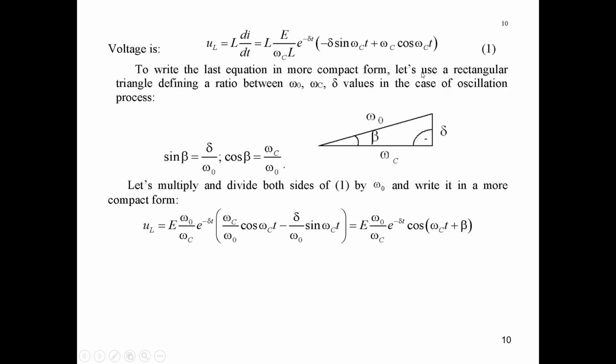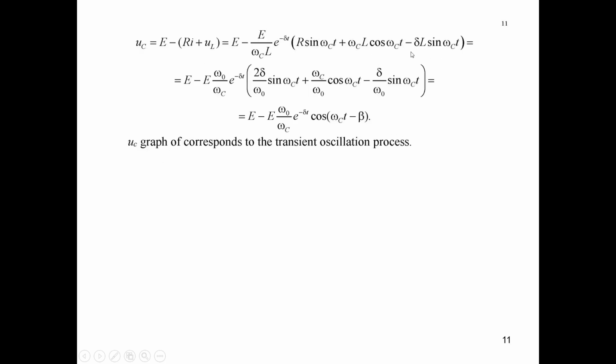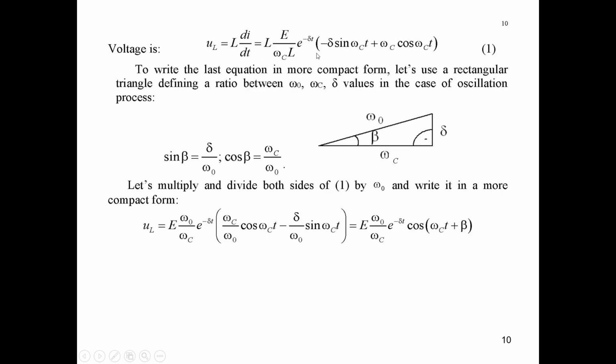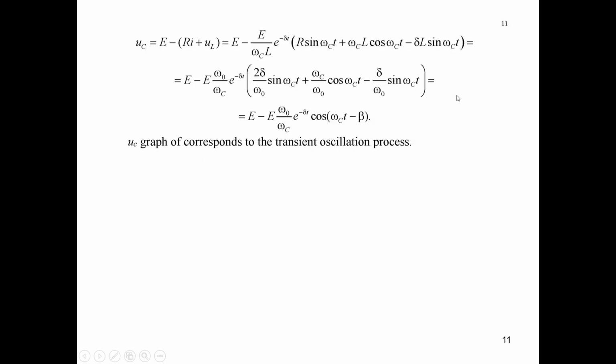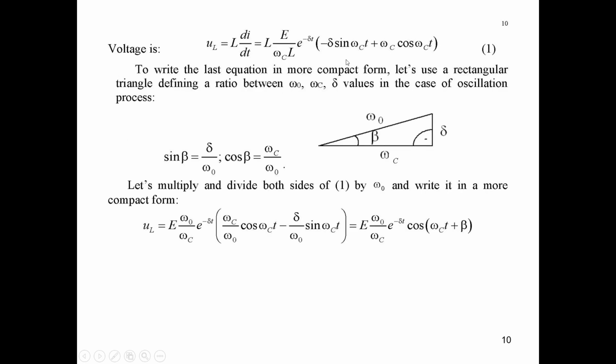instead of UL, we can write omega C cosine omega CT, and it should be multiplied by L, and minus delta sine omega CT.